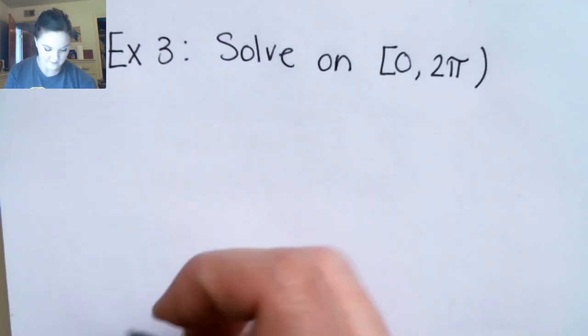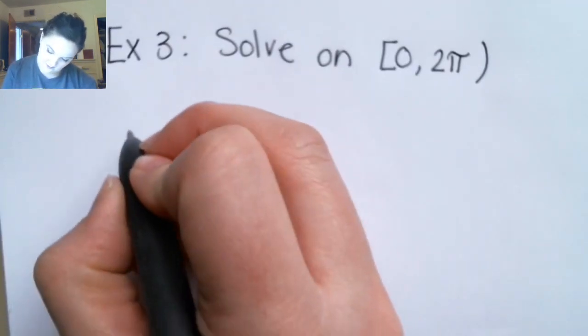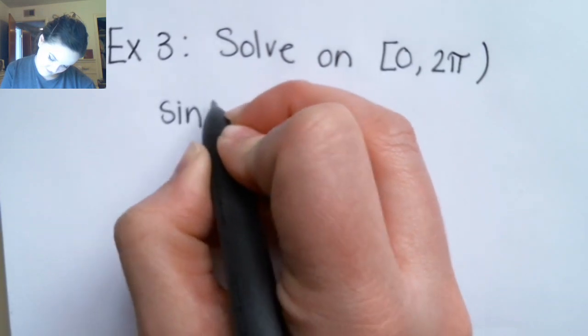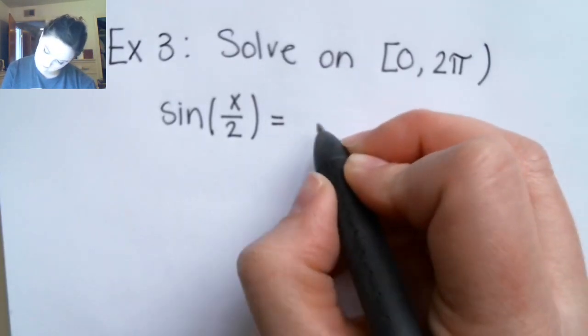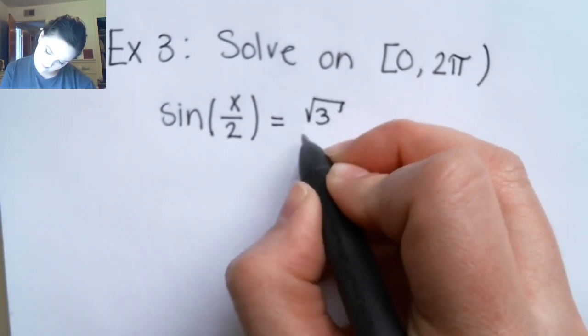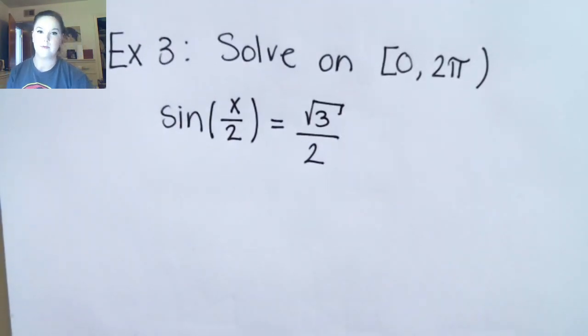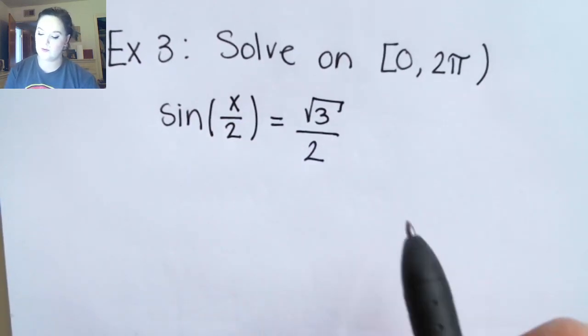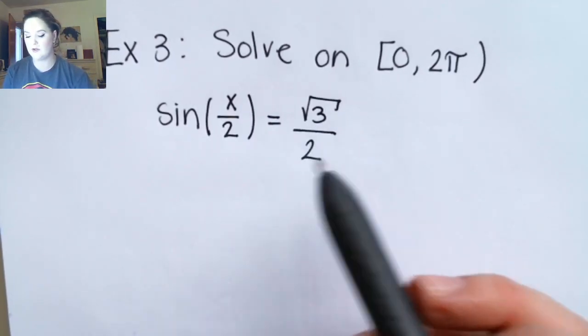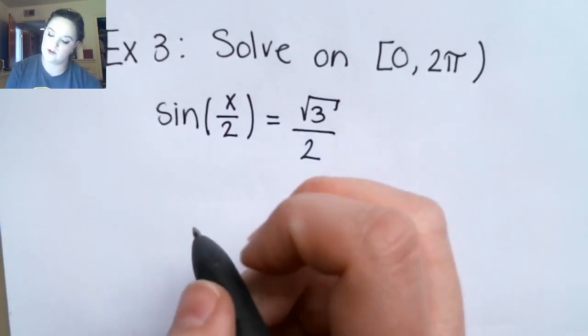So here we go. All right. So first we're going to ignore the input and we're just going to solve sine equals root 3 over 2.